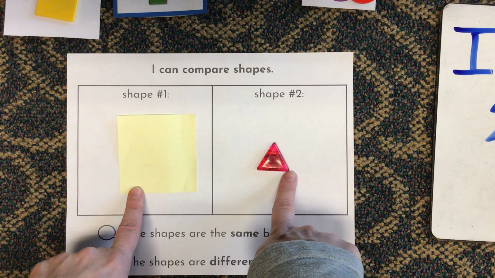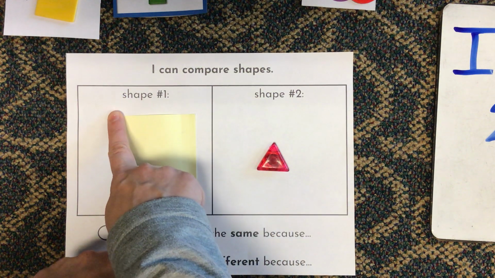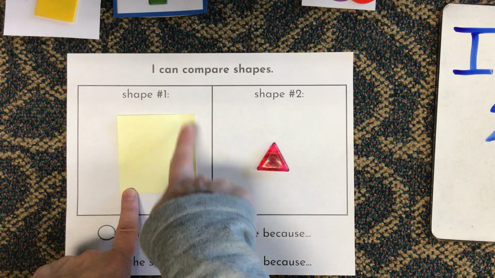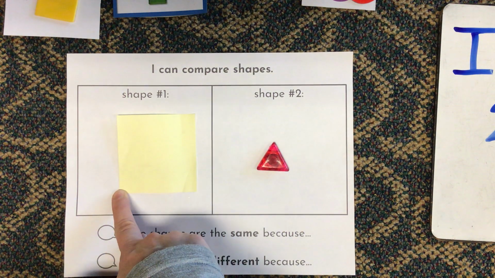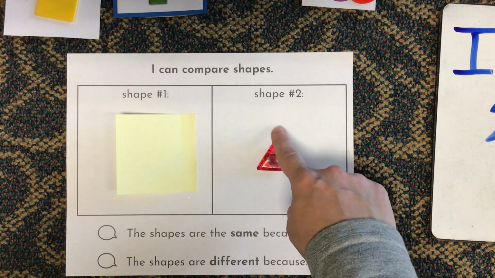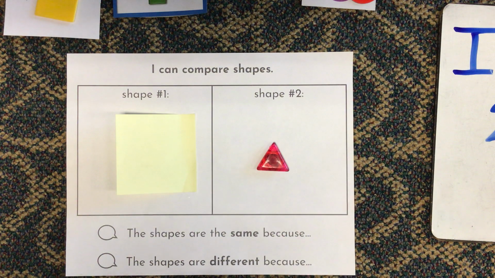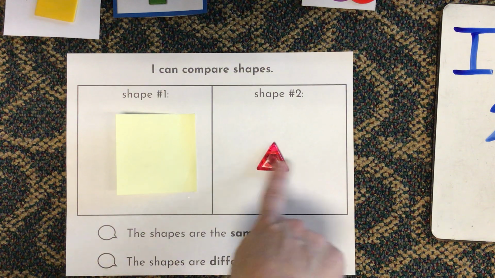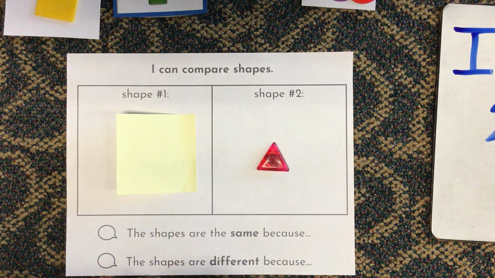Let's look at the corners. How many corners does this shape have? Let's count them. 1, 2, 3, 4. And let's count how many are on this triangle. 1, 2, 3. So the shapes are the same because they both have corners, but the shapes are different because they have a different number of corners.